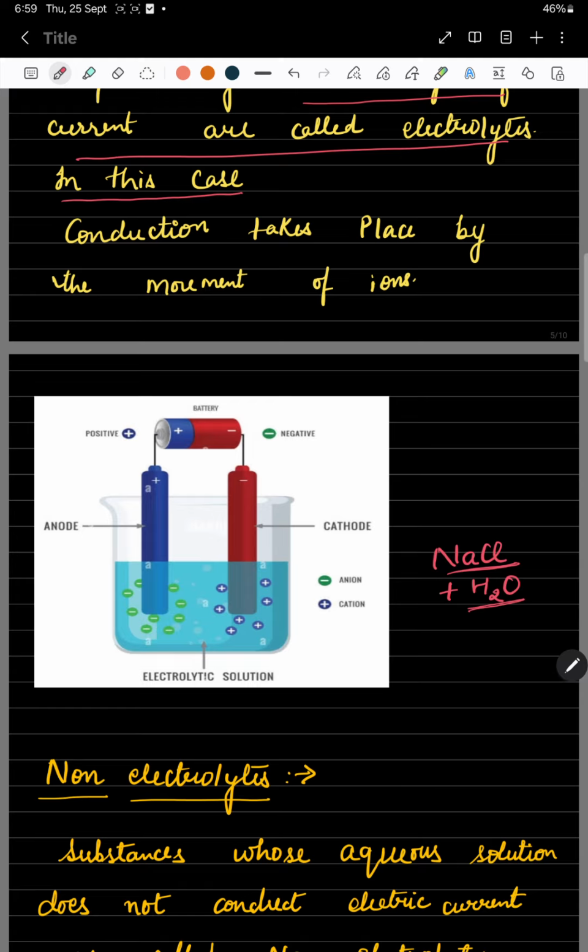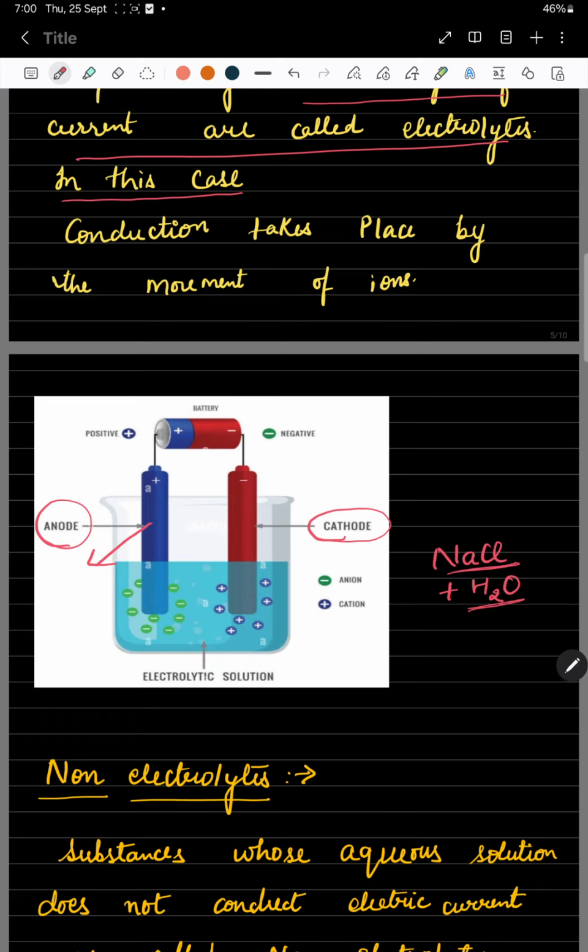Once you have added it, what would happen over here? You have these 2 electrodes. What is the meaning of electrodes? The rods which have some charge once you pass the electric current through them. If any rod has positive charge, that is your anode. If any rod has negative charge, that is your cathode.